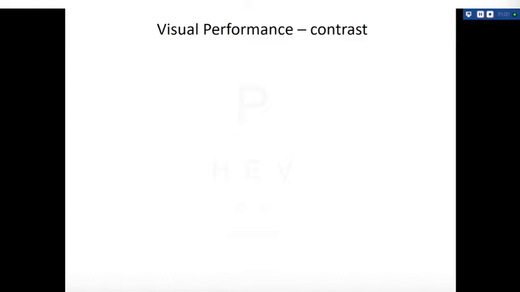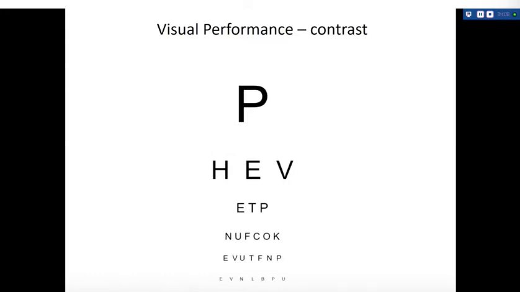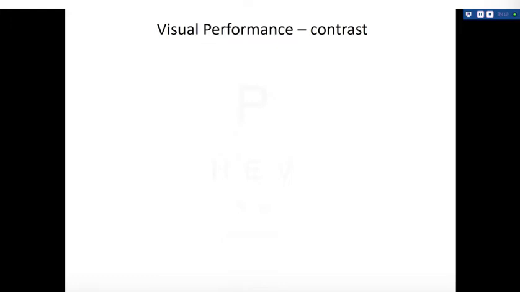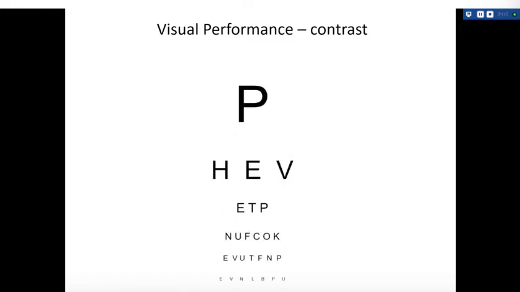Very easy to see when the contrast is strong, much more difficult to see when the contrast is weak. So improving the visual performance means improving contrast and size. And what people sometimes do is they put extra illuminance on it, they put more light on, but really they need more contrast or they just need to make the thing bigger.